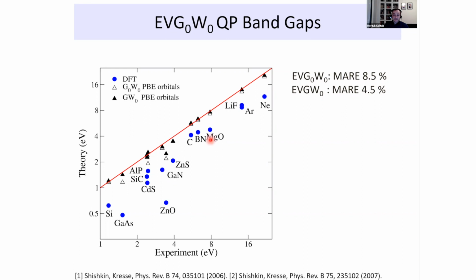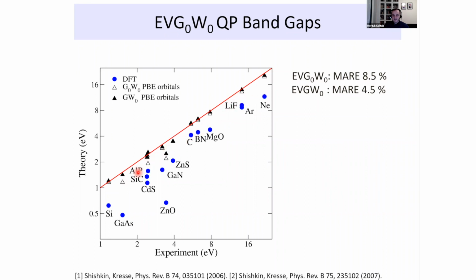There are 3 sets of band gaps shown. So blue dots correspond to the band gap for DFT, and the empty triangles correspond to the single shot GW band gaps. It can be seen that GW single shot already improves systematically compared to DFT.